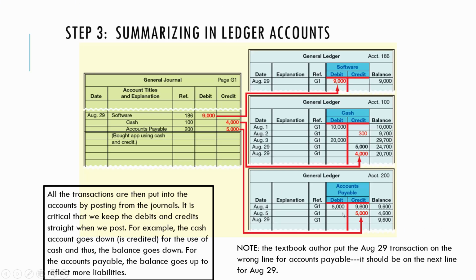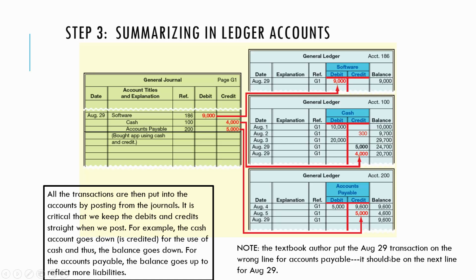I'm not too happy with the way this thing looks here. The $5,000 in accounts payable is credited, which they're showing here as decreasing accounts payable. I think this slide is wrong, because when we increase our accounts payable, we should be increasing the amount we owe. So I want to tell you about this.